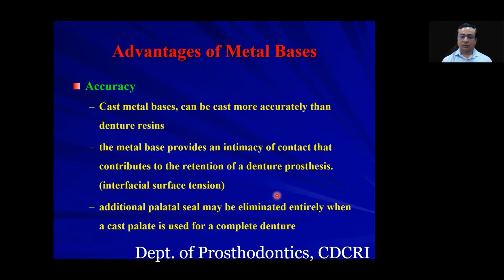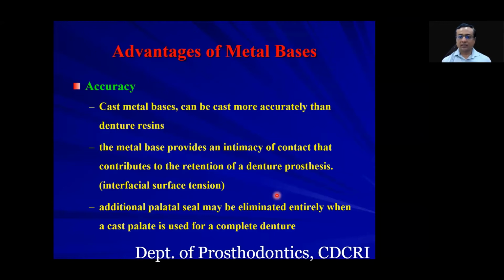So when its volume is reduced, you are obviously leading to a problem with accuracy. This process for denture base resin is known as polymerization shrinkage. Now the metal denture bases are obtained through a process known as casting. After casting, metal also undergoes shrinkage.